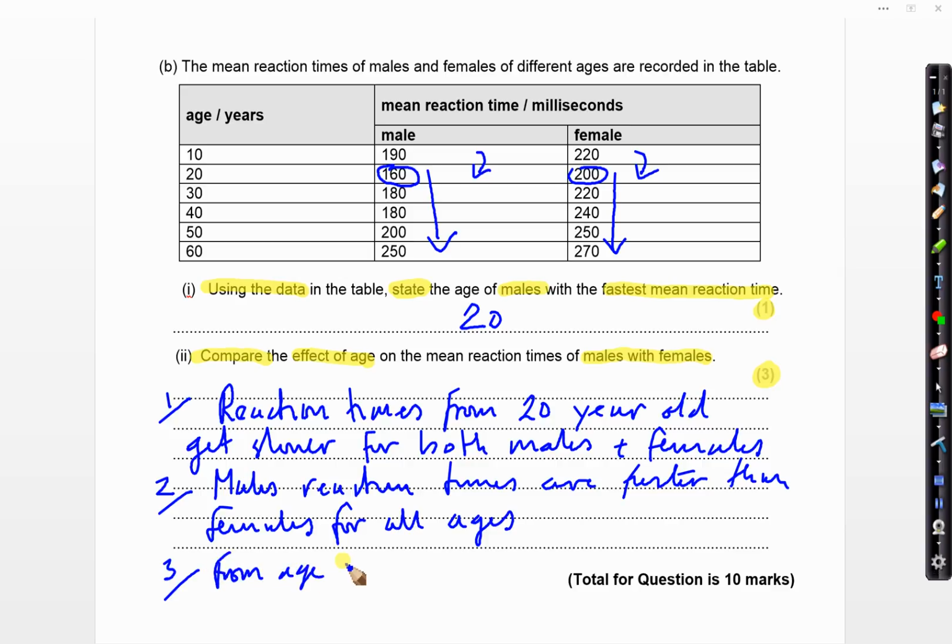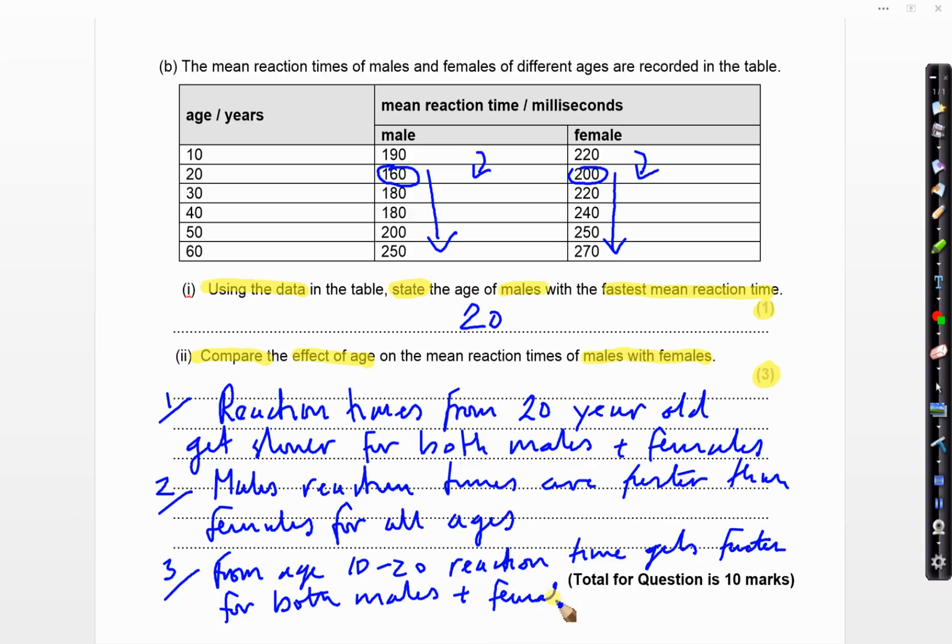From age 10 to 20, reaction time gets faster for both males and females. So there's always that comparison for both males and females. So there's your answer there.